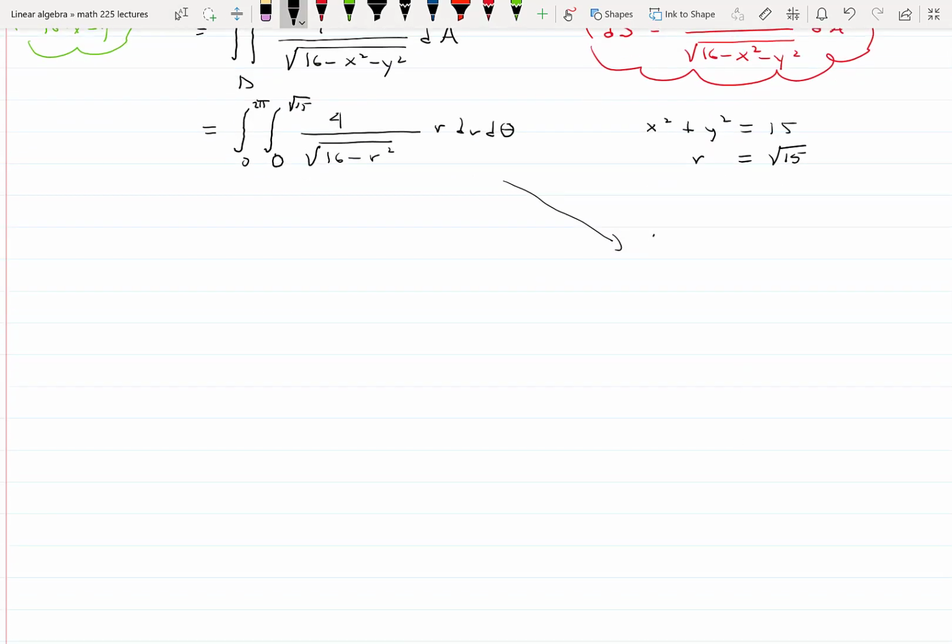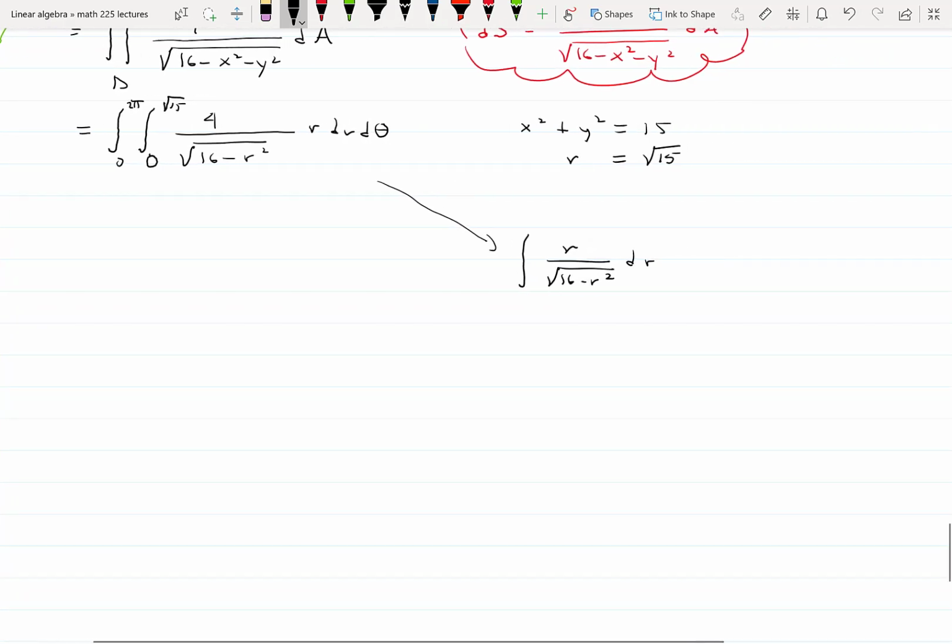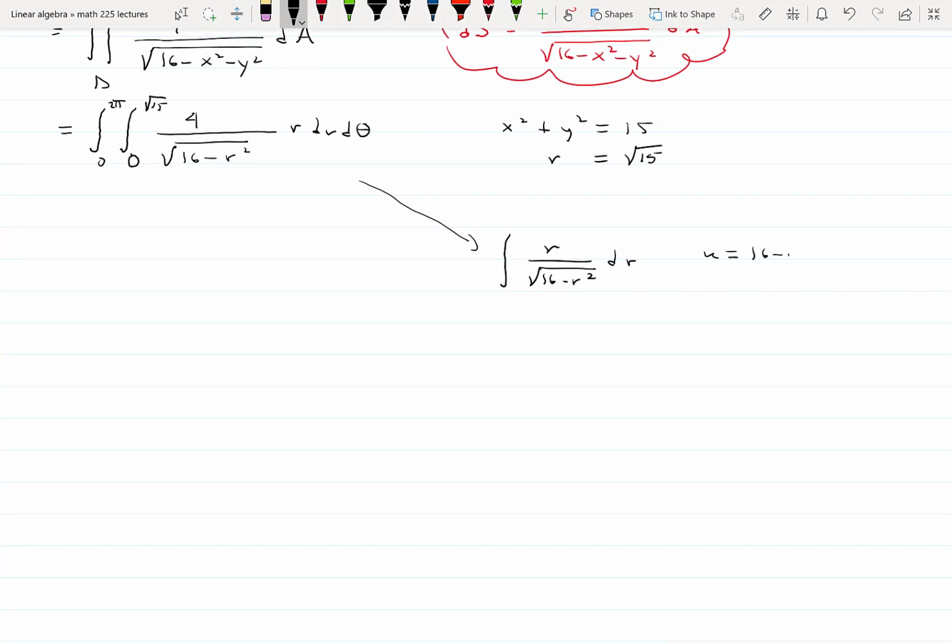I'm going to integrate r over the square root of 16 minus r squared dr. The u substitution is u equals 16 minus r squared, du equals negative 2r dr. So our integral becomes, well, r dr is then negative 1/2 du, negative 1/2 du over the square root of u, or negative 1/2 times the integral of u to the negative 1/2 with respect to u.